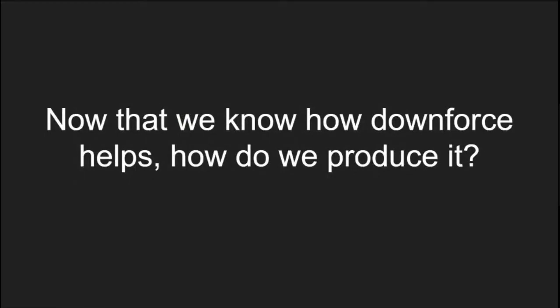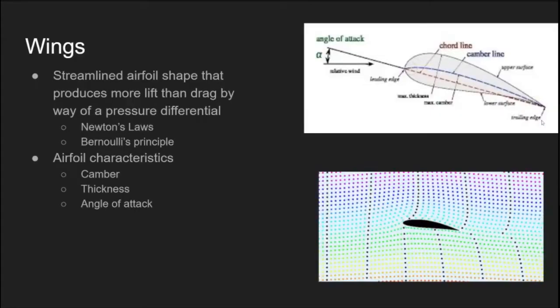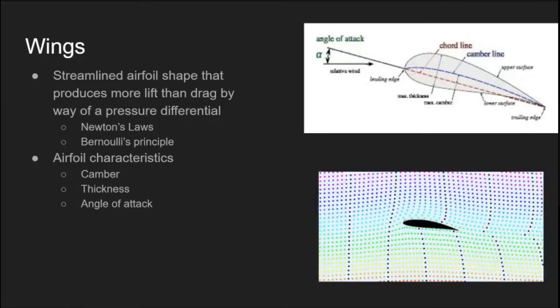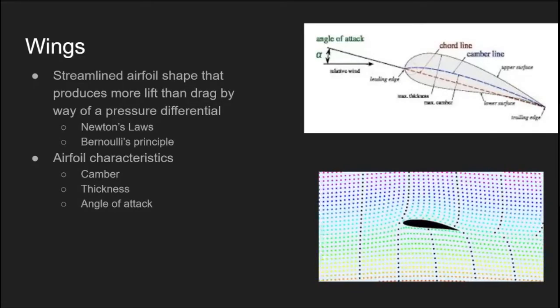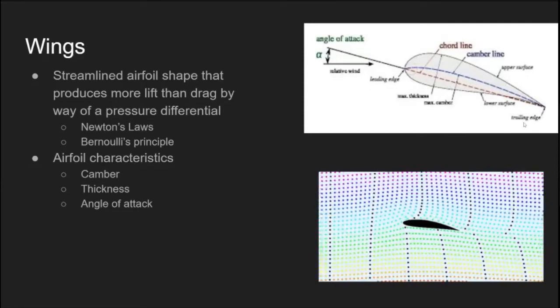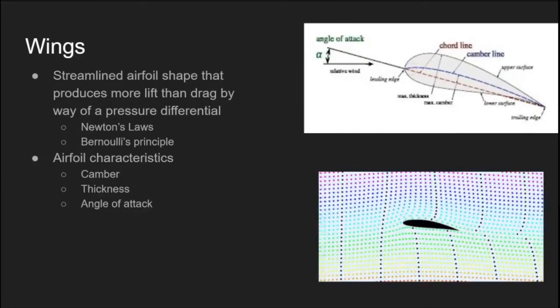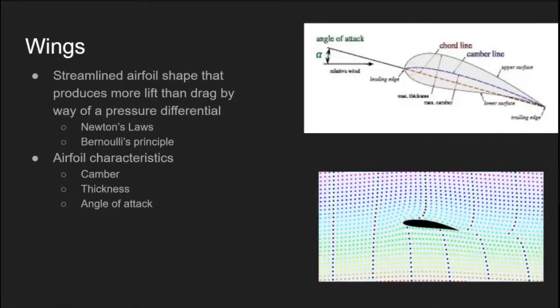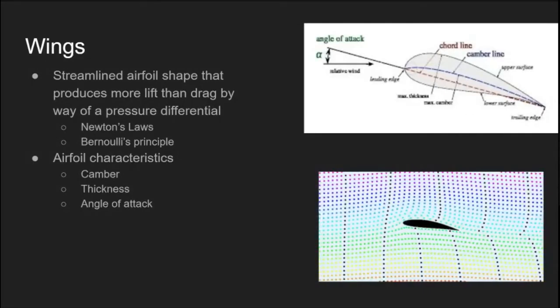Okay, so now we know downforce, how do we produce it? Generally, the most common way you see on most cars is wings, and a wing is basically a 3D accumulation of these 2D airfoil profiles.